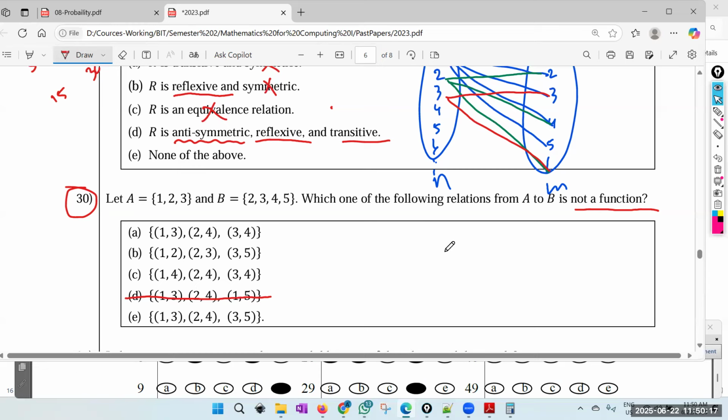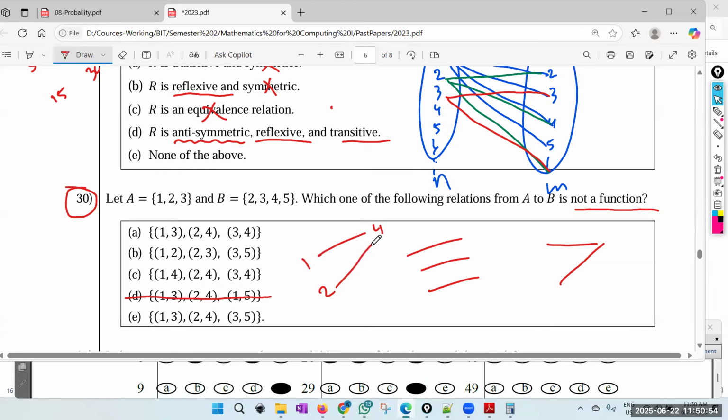Second condition is functions are either one-to-one or many-to-one. It can't be one-to-many. If there's one-to-many, that is not a function. See whether there's one-to-many. No, right? Nothing. So therefore, these are all one-to-one. Here 1 is mapped to 4 and 2 is mapped to 4.